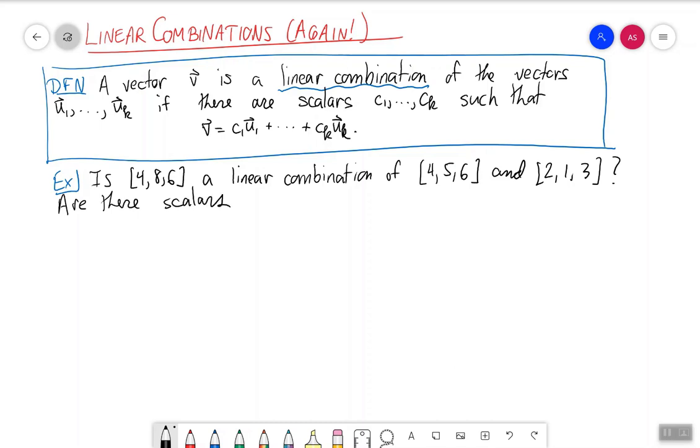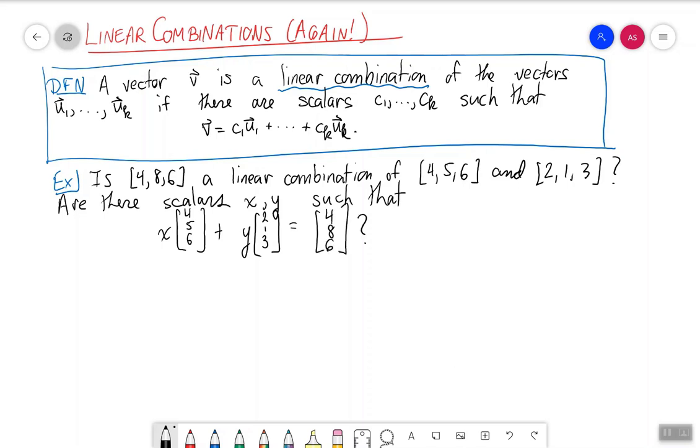Instead of calling the scalars C1 and C2, I'm going to call them X and Y. So are there scalars X and Y such that X times 4, 5, 6 plus Y times 2, 1, 3 equals 4, 8, 6.